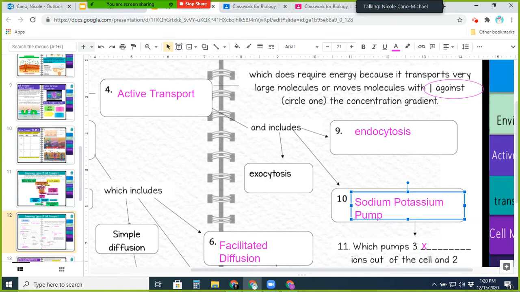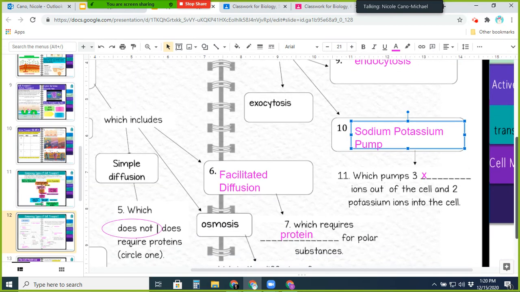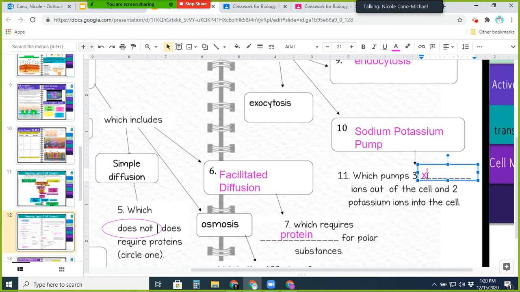What do you think a sodium potassium pump pumps? Sodium, potassium. Sodium and potassium. There you go. Like a water pump pumps water, a sodium potassium pump pumps sodium and potassium. So the sodium potassium pump will pump 3 sodiums out and bring 2 potassiums in.